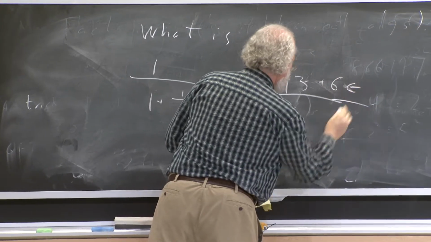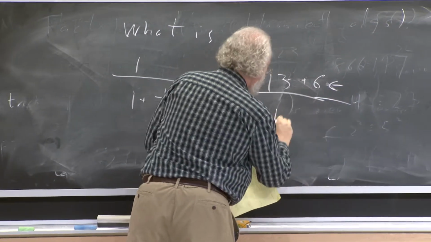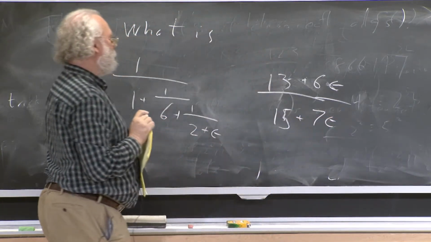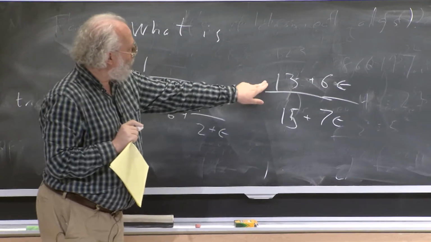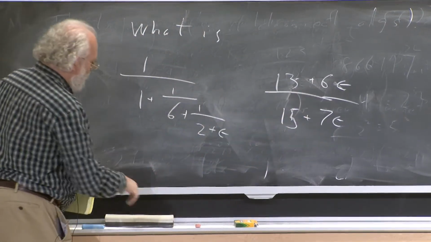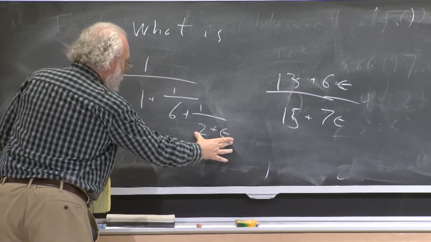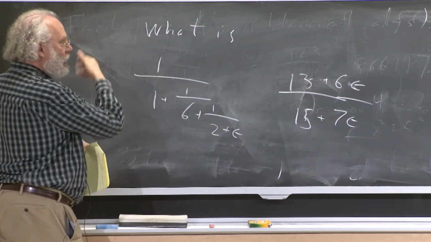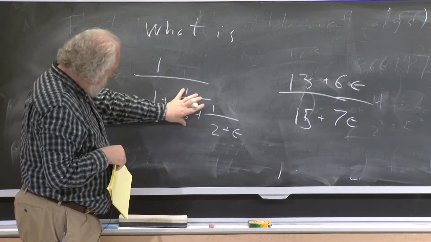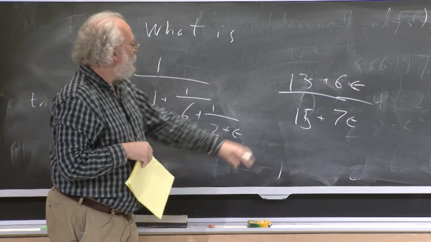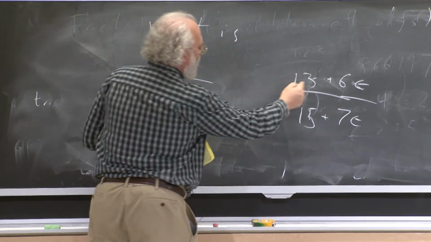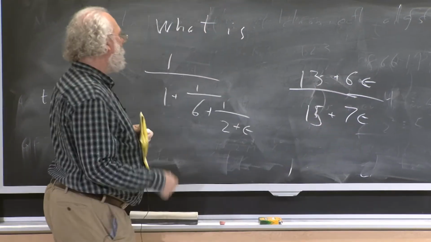It's 13 plus 6 epsilon over 15 plus 7 epsilon. And so it has to be of the form A plus B epsilon over C plus D epsilon, because if you stick that in there and keep on doing these operations, 1 over 1 plus g preserves something of that form.